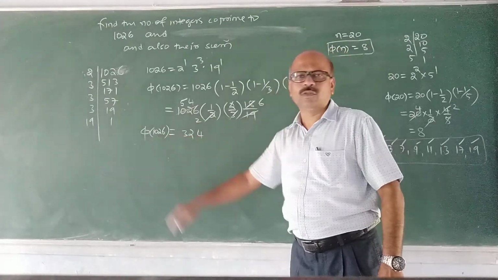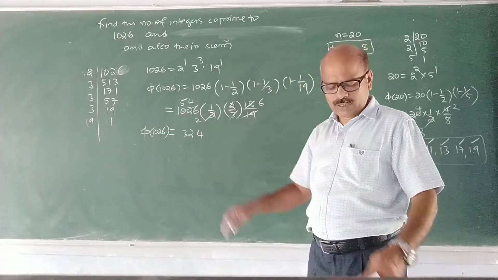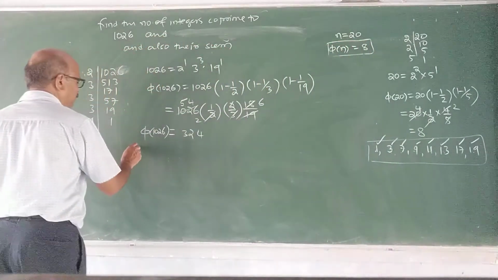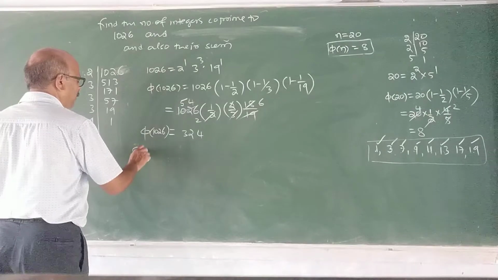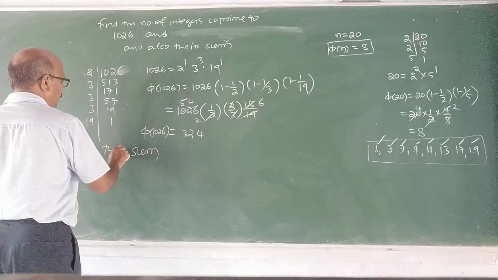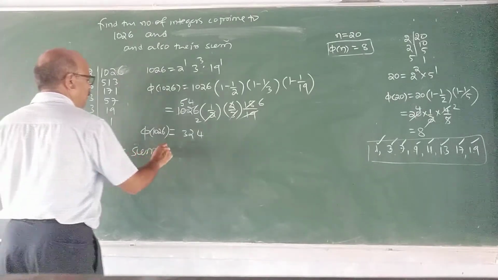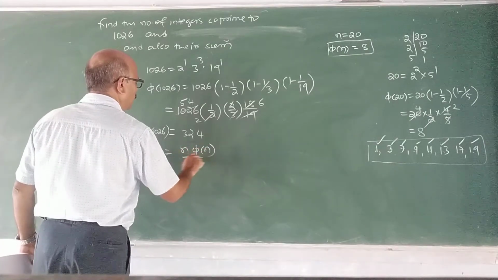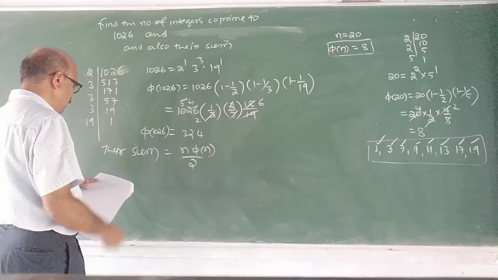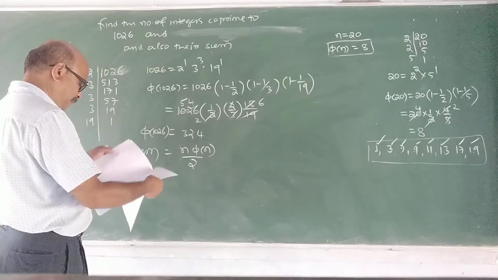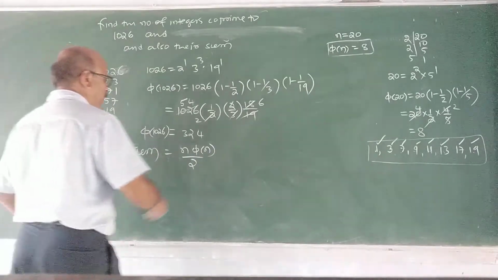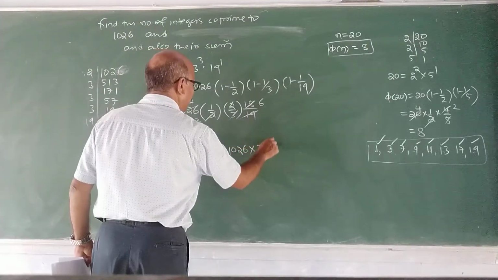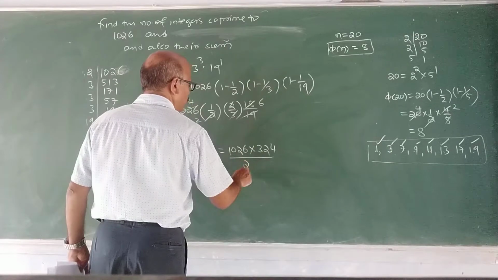Relatively prime to 1026, less than 1026, and find their sum. Their sum is, what is the formula? Their sum is n into pi n upon 2. If I remember correctly, this is the formula. N is 1026, pi n is 324 upon 2.